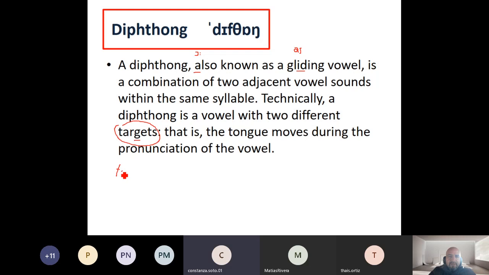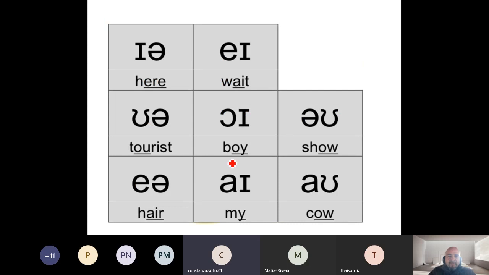If you don't remember, you can separate it in targ, and then how do you pronounce the second part? Get. Exactly. So you say target. It's a very, very difficult word. And here you have the diphthongs. Take a look at them, please.